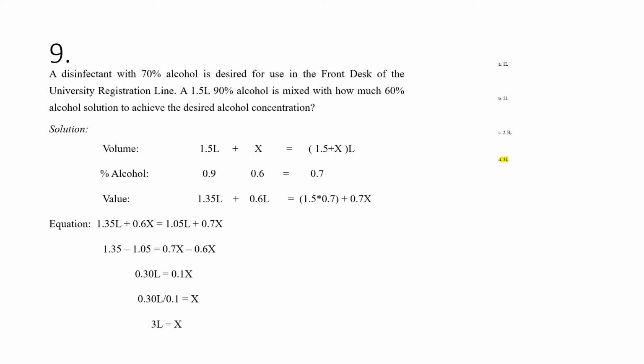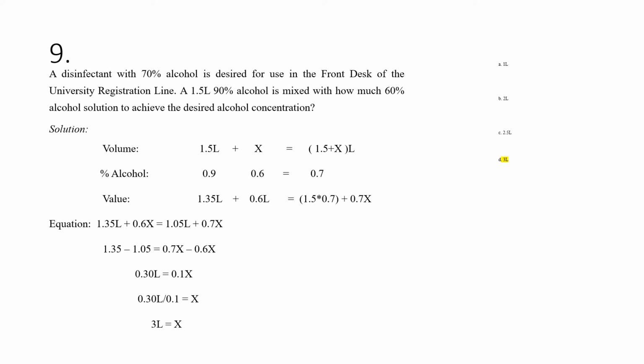So 1.5 liters at 90% alcohol will correspond to 1.35 liters, plus 0.6X liters, and that's equal to 1.5 times 0.7 liters, plus 0.7X.